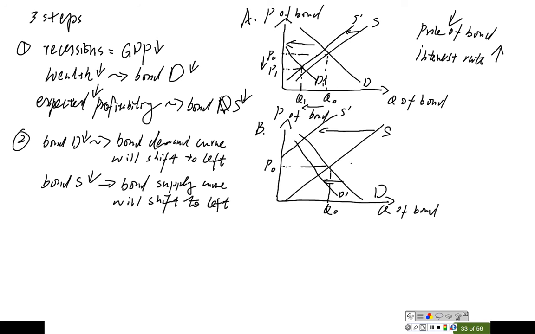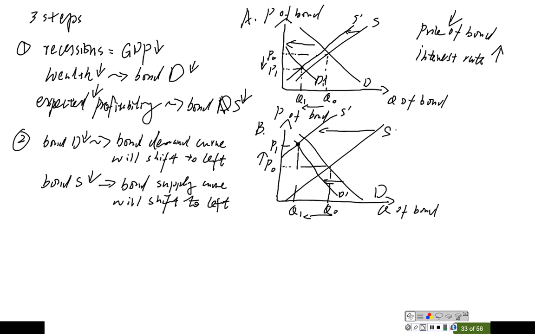Now from my graph, can you find out what the new equilibrium is? Use the D prime here and the S prime here. You actually can find the new equilibrium point. So now we can find the new equilibrium price and quantity.